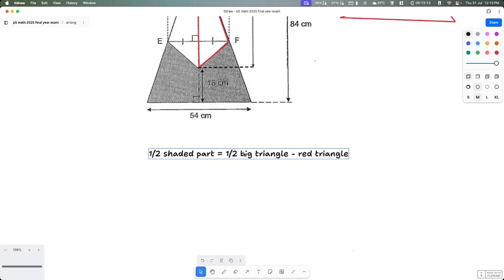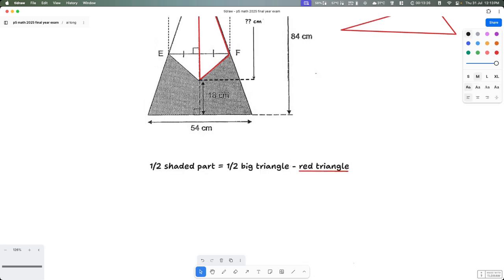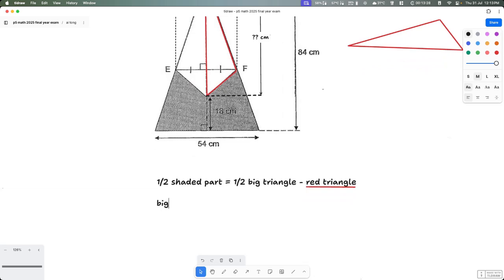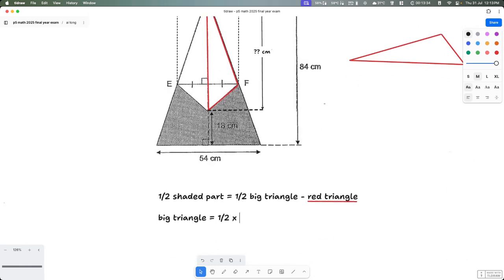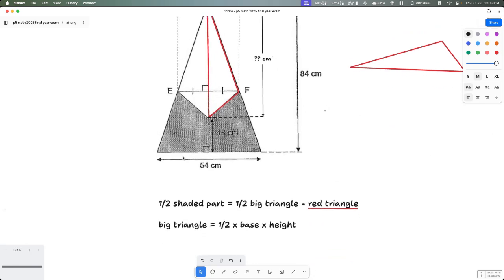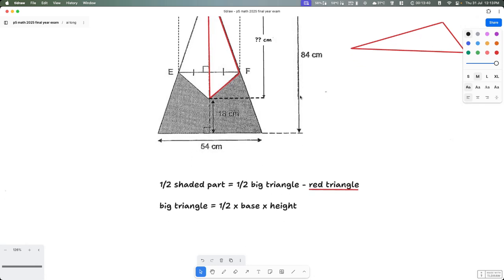So let's get the half big triangle. The red triangle, I'm going to put a line to indicate this is the red triangle, without the dot. First, let's get the big triangle, which is half base times height. Pretty straightforward. We know the base is 54 and the height is 84.